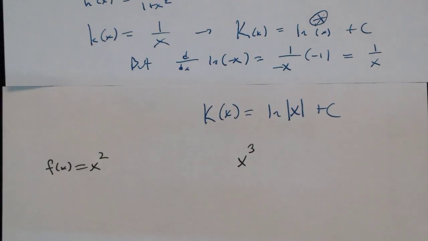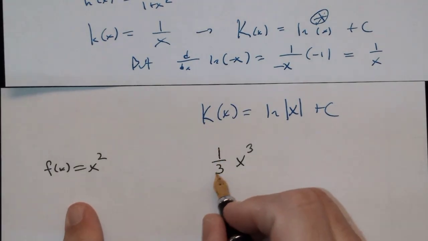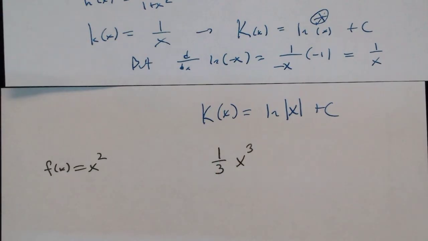But when you take the derivative of x cubed, you get 3x squared, and that's not what I have. Right, the 3 would go here. I need something that's going to cancel that 3. What's going to cancel that 3 is a 1/3. Because now when I bring down the 3, it'll cancel out. Aha.